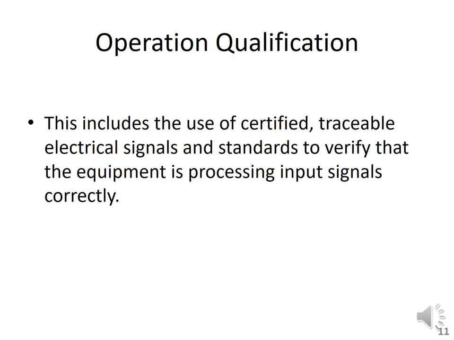Okay, so this includes the use of certified traceable electrical signals and standards to verify that the equipment is processing the input signals correctly, because in that case input and output both are the signals, so the operational qualification will be targeting the signals. So what we have to do is we have to process the input signals and we have to check that they are being processed correctly.